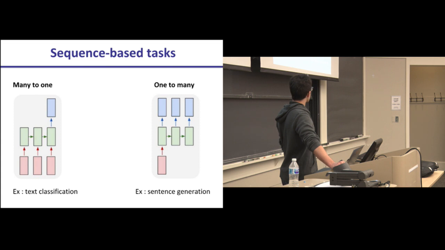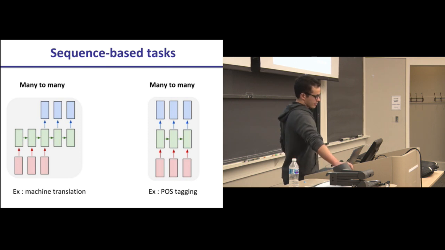You have the one to many tasks, like when you feed an image and you want to get a sequence of words that describe the image. You've got the many to many tasks when you have a sequence in input and you want a sequence in output.